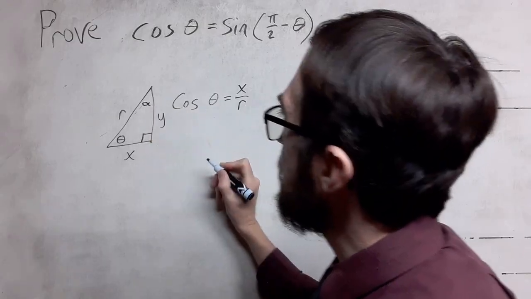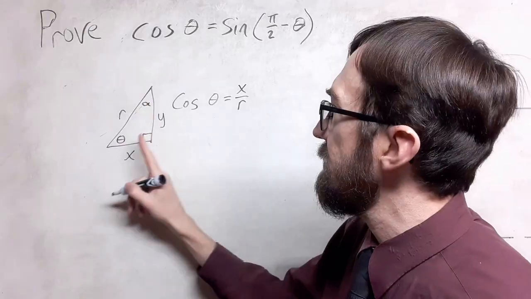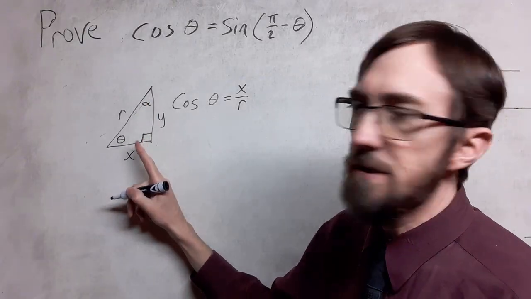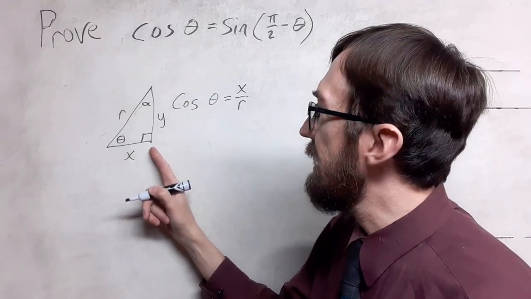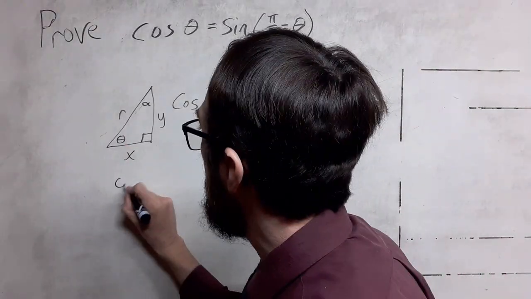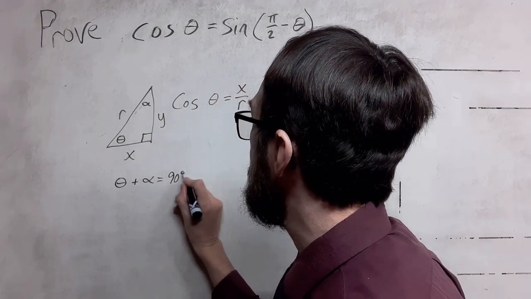If we look at this other angle up here, by the triangle angle sum theorem, we see that these three angles have to equal 180 degrees. 90 degrees is taken up by the single angle here, so that means that theta plus alpha has to equal 90 degrees.